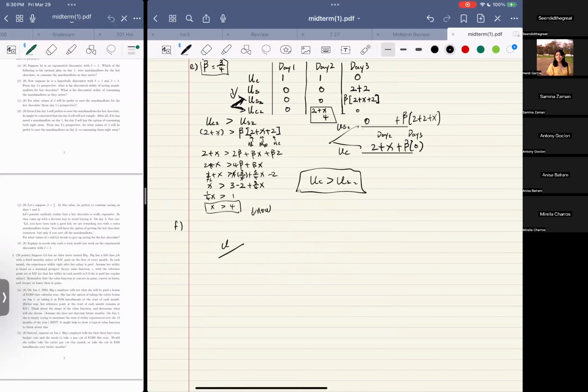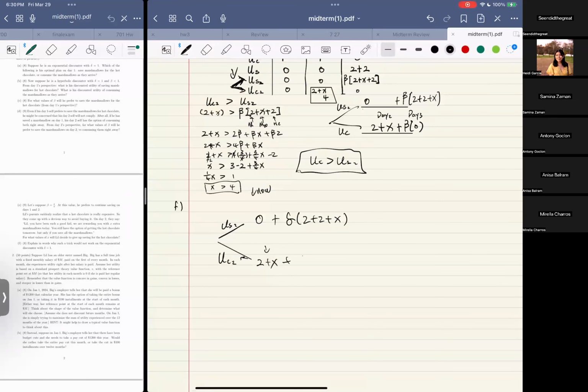So US2, the decision of consumption and then the decision of saving. You have 0 plus delta of 2 plus 2 plus X. And then the current at day 2 will be 2 plus X plus delta of 0.